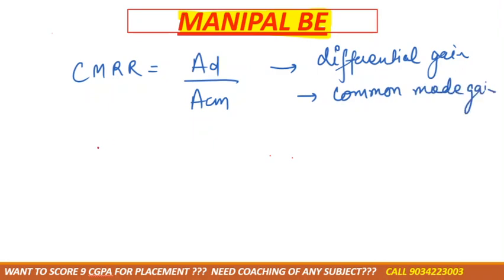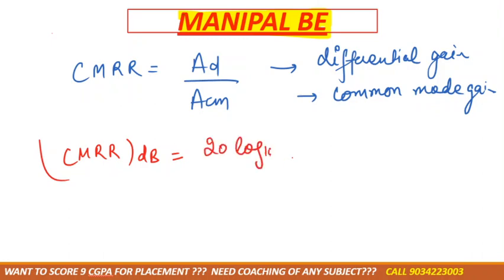If we want CMRR in decibels, sometimes they'll ask you to calculate CMRR in decibels. For that, the formula is 20 log base 10 of AD by ACM. They can give you AD and ACM in a direct way or an indirect way. They can give you the output voltage.